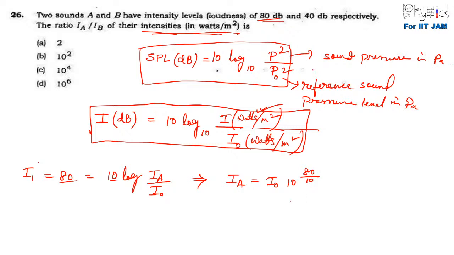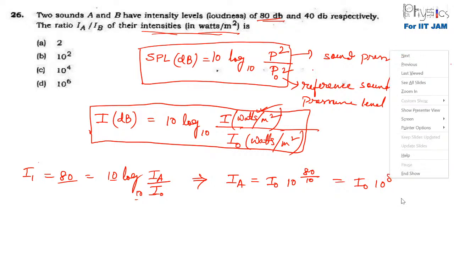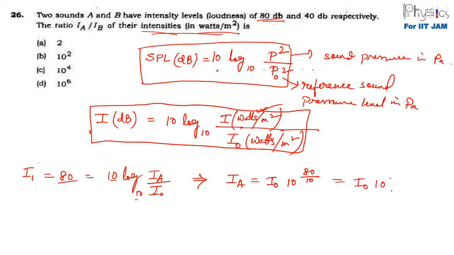If you just take this 10 under 80 and take that to the power of 10, you get 10 to the power 80 by 10, and it is equal to I0 times 10 to the power 8.